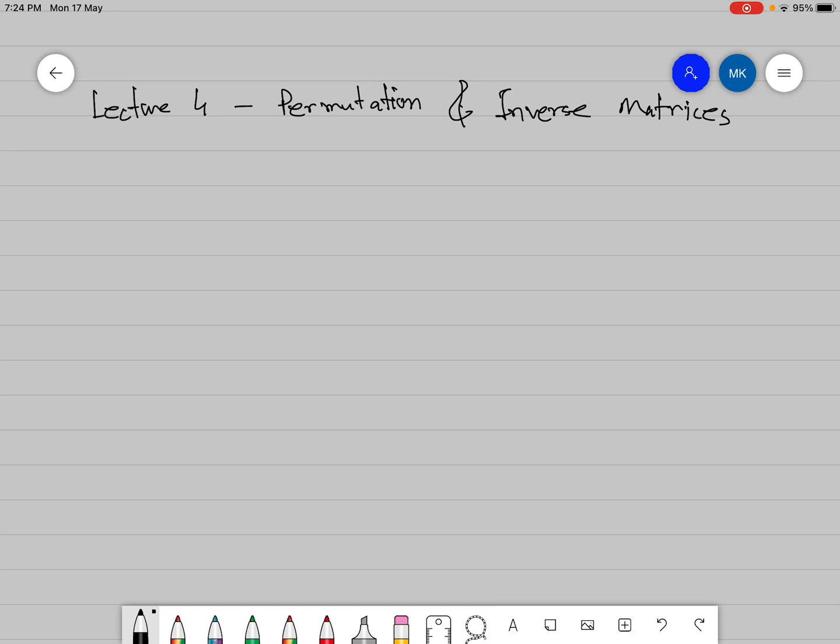So in the previous lecture, I told you about a concept that whenever you get a 0 in the pivot position, you need to exchange the rows, right? So to exchange the rows, you need to use the permutation matrices, right?